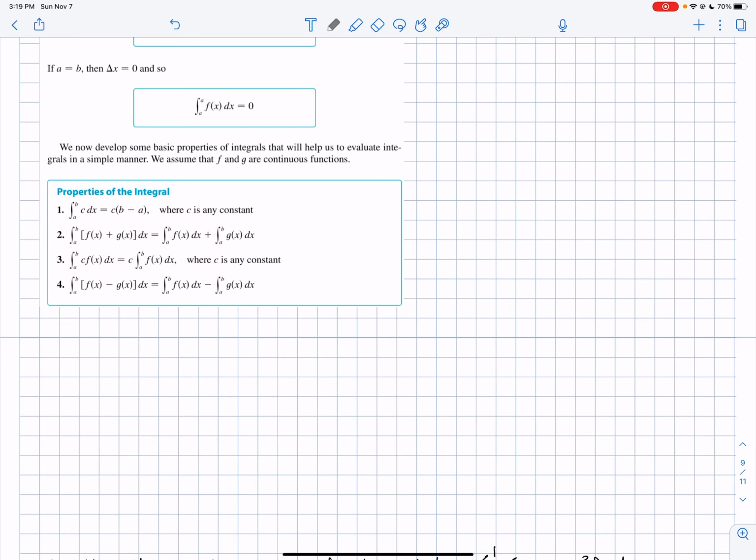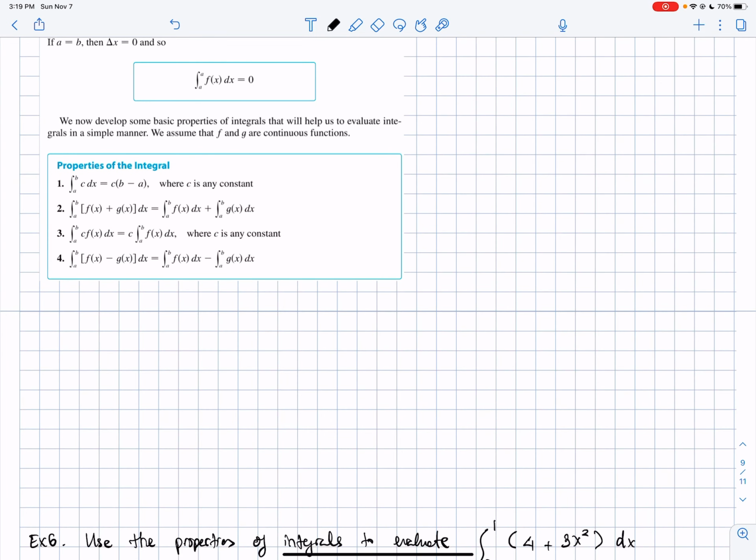Property number 2, we can apply theorem number 4 to do that. So for the integral of f of x plus g of x dx, on the left-hand side it will equal the limit of the Riemann sum of f of xi plus g of xi times delta x.